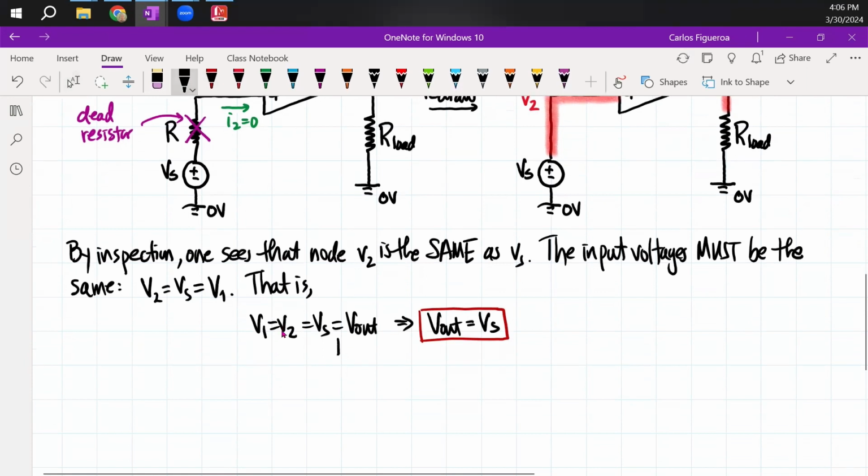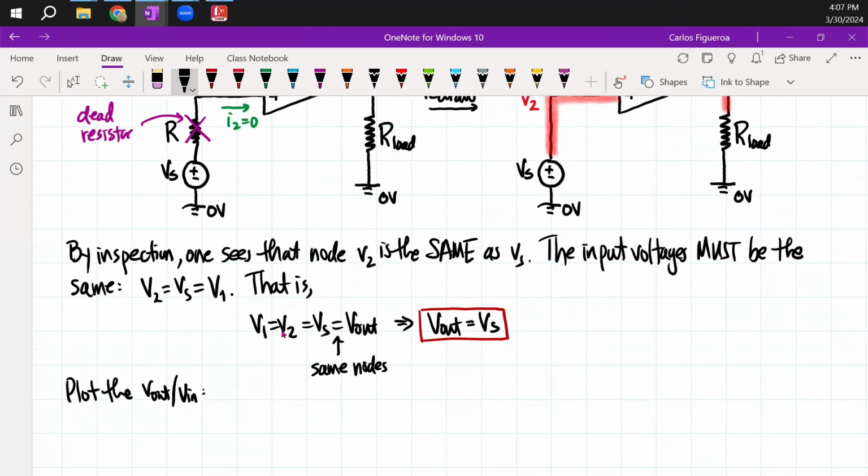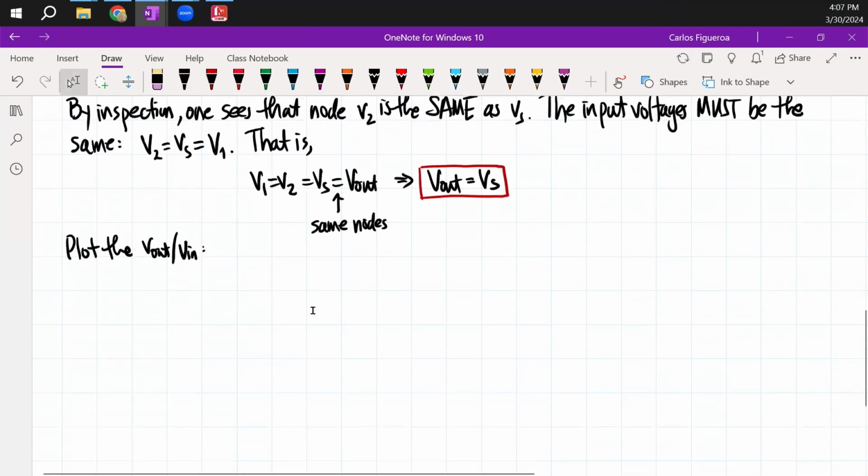So when I look at this, that tells me that equal sign says that these are the same nodes. So if I now plot the ratio of V out over V in, you could see that the gain here has a slope of 1.